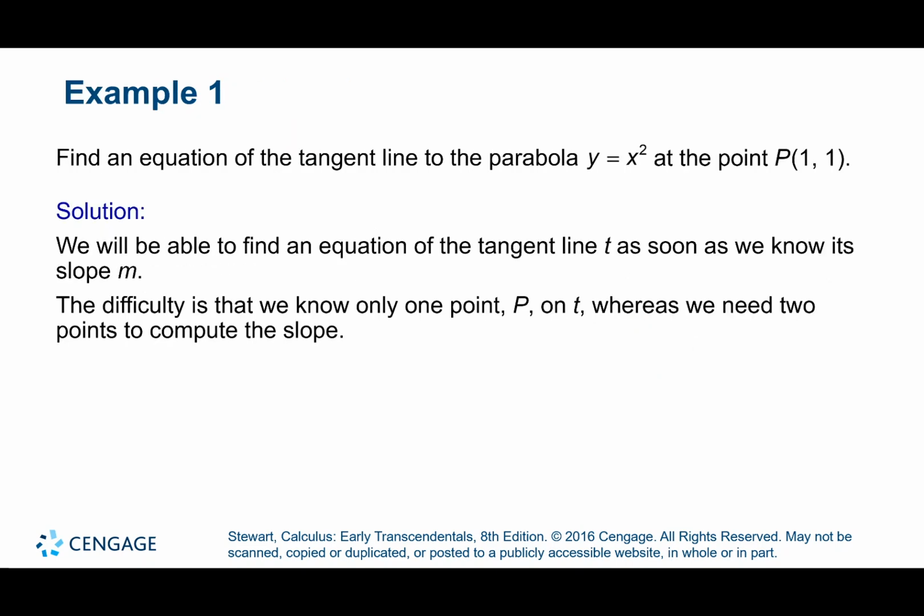So think about this problem. We want to find an equation of the tangent line to the point (1, 1). We're going to call it point P. So we know a point that it has to go through.